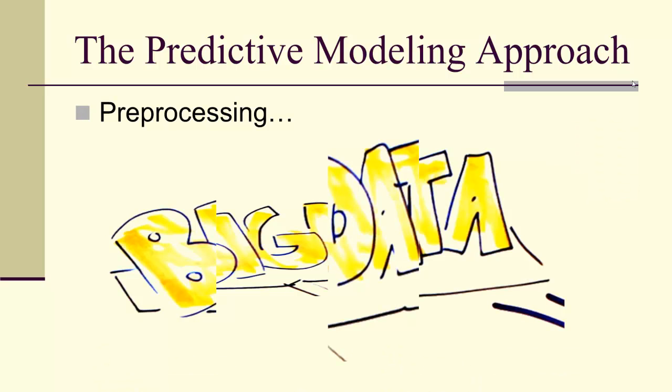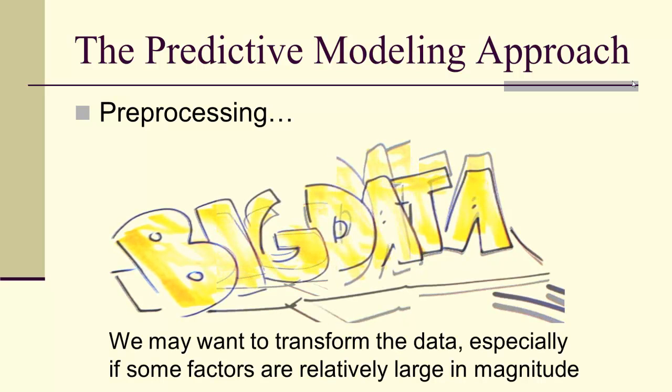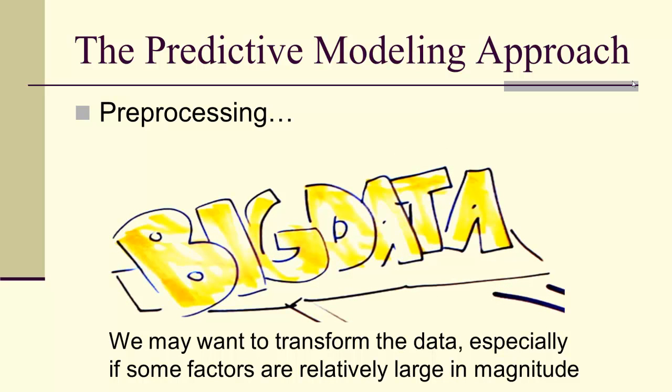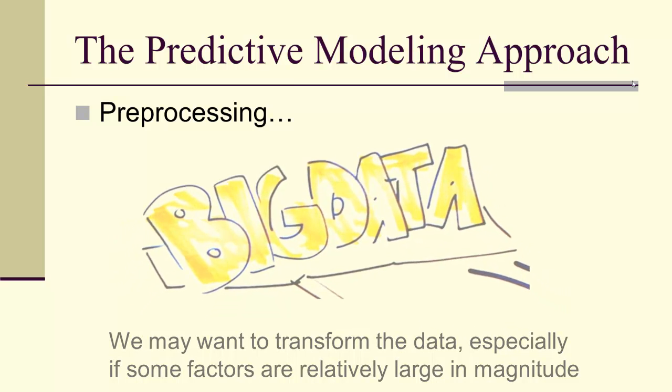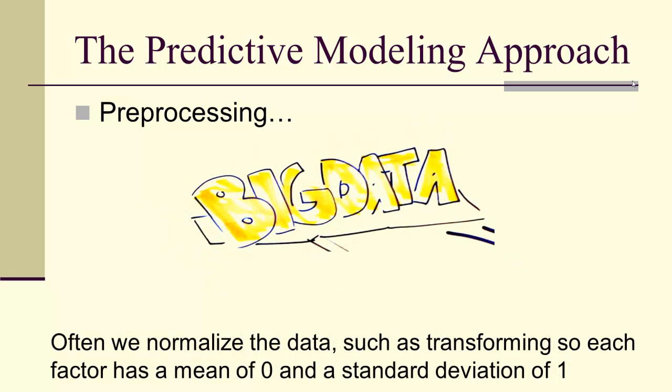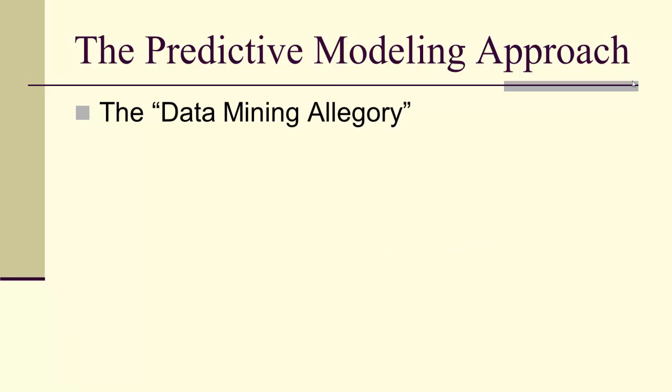There's usually some kind of a pre-processing step. We may want to transform the data, especially if some of the factors are relatively large in magnitude. We might want to normalize the data. We often transform so each factor has a mean of 0 and a standard deviation of 1.